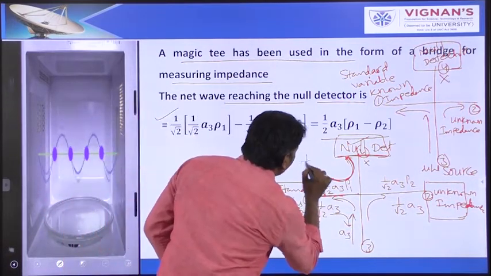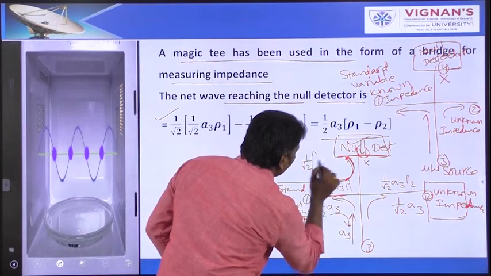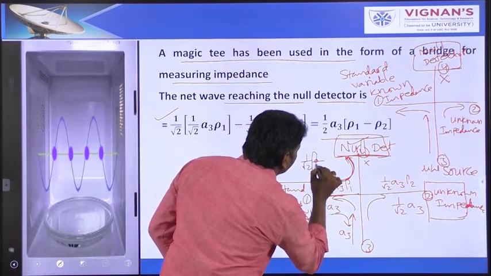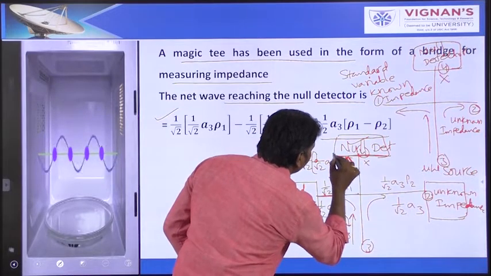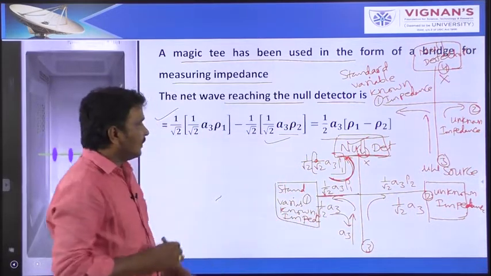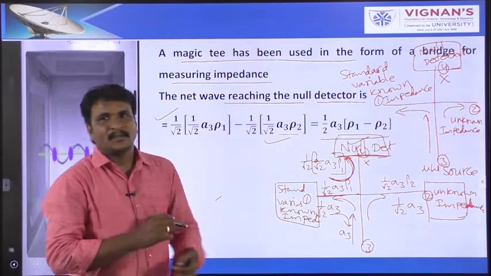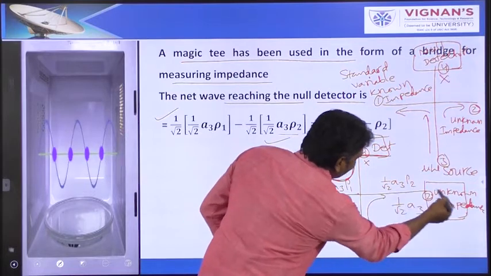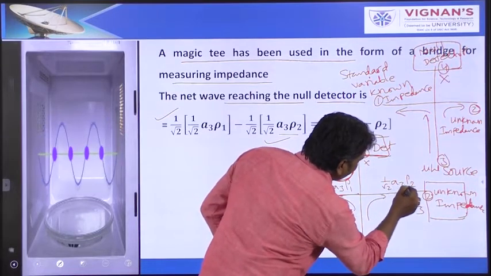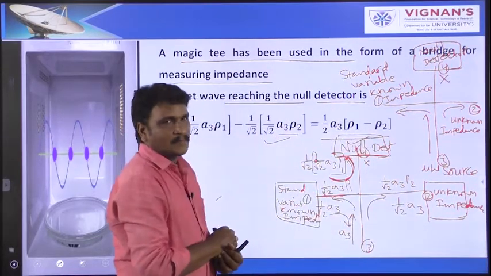That half is 1 by root 2 into 1 by root 2 again A3 into rho 1 power. Rho 1 power enters into the null detector. See, here the reflected wave is 1 by root 2 into A3 into rho 2, right?